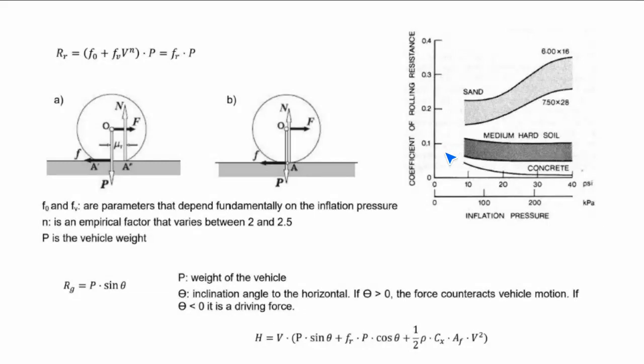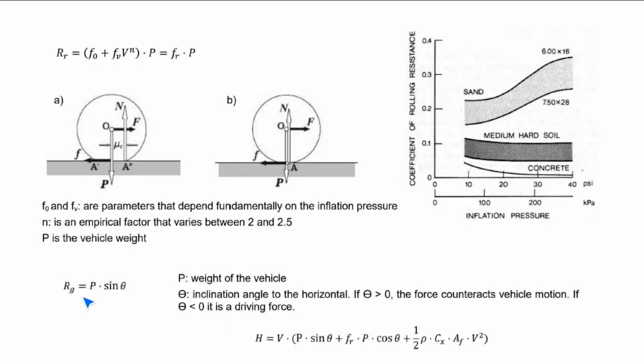Also, next and the last one, grading resistance. What's the grading resistance? Actually, grading resistance is very simple. It is due to the component of the weight opposing the movement of the vehicle when driving on a surface with a certain degree of steepness. The gravitational force acting on the vehicle is Rg.